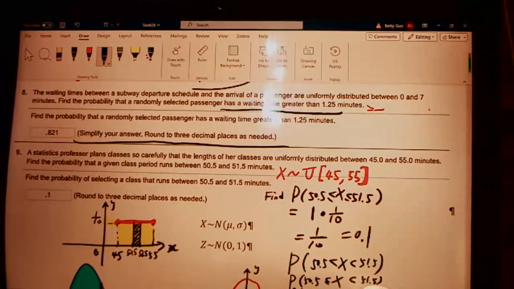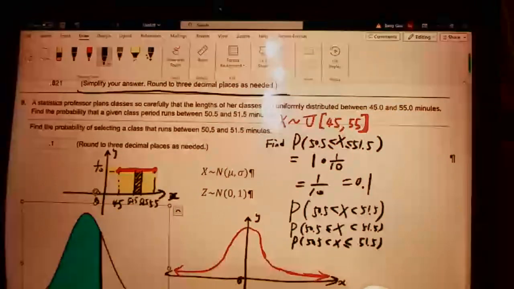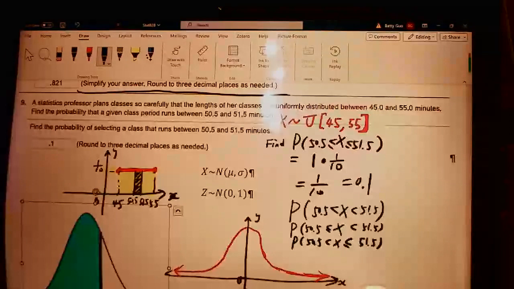Do you see what I'm talking about? What if I change the inequality symbols from less than or equal to strictly less than? Change both or just one of them? Would that change the value of the probability?